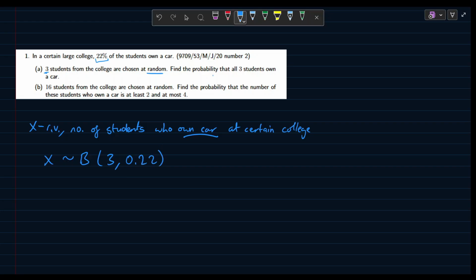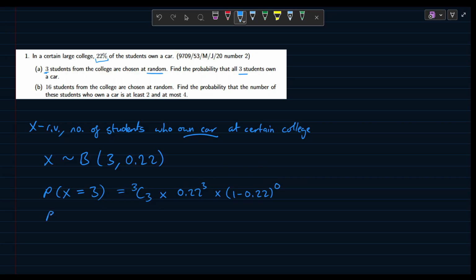And we want to find the probability that all 3 students own a car. So we want to find the probability that x is equal to 3. So using the formula for binomial probabilities, that's n choose r, so 3 choose 3, multiplied by our probability of success, 0.22 raised to the power 3, multiplied by 1 minus our probability of success raised to the power n minus r, so 3 minus 3, so 0.